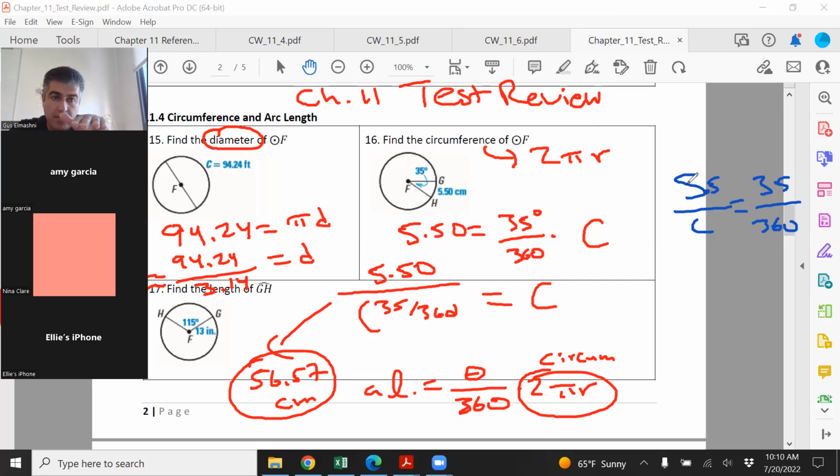You're comparing the arc to the circumference, the central angle to 360. You just solve for C. So 5.5 times 360 divided by 35. Yep, you get the same thing, 56.57.